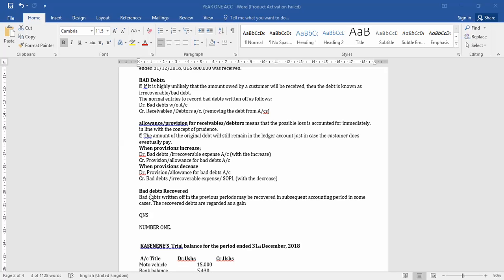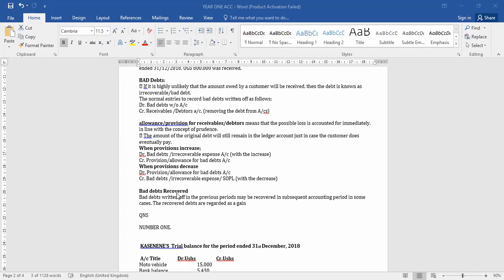I continue. There may be bad debts recovered. For example, for the moment, he may not be able to pay. But at any time, he may pay at a later stage.